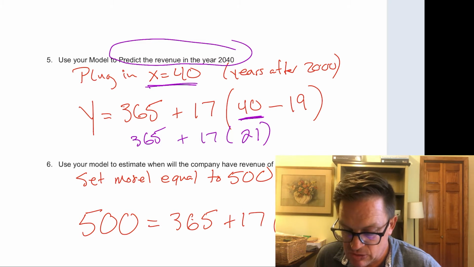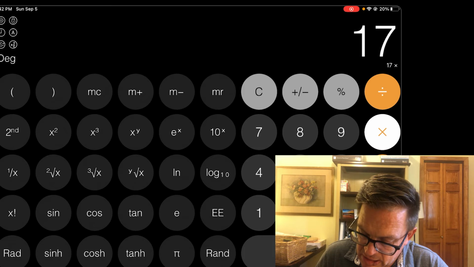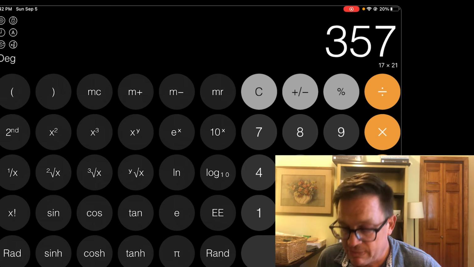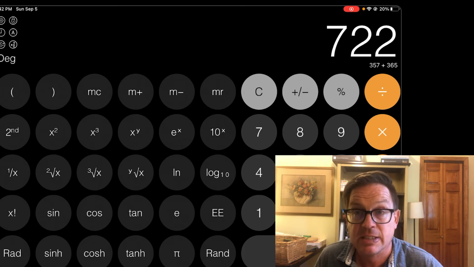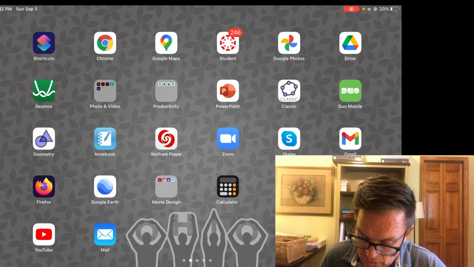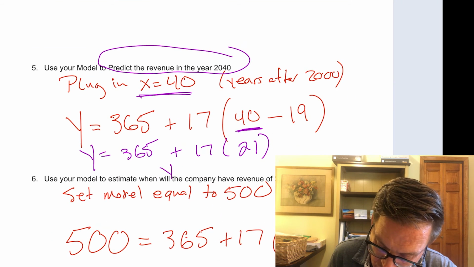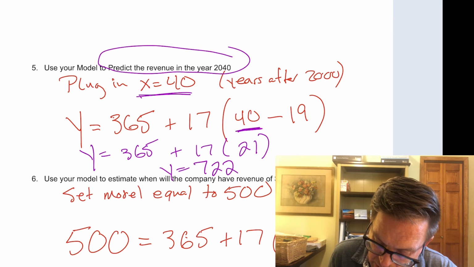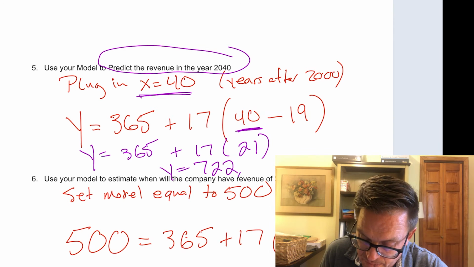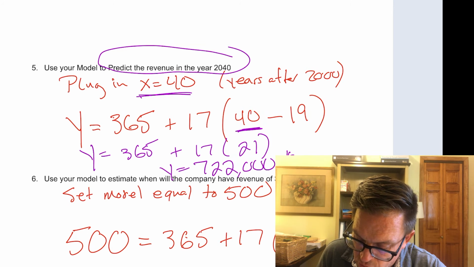Well, what's 17 times 21? 17 times 21 is 357, plus 365 is 722. And that's thousands of dollars in 2040.